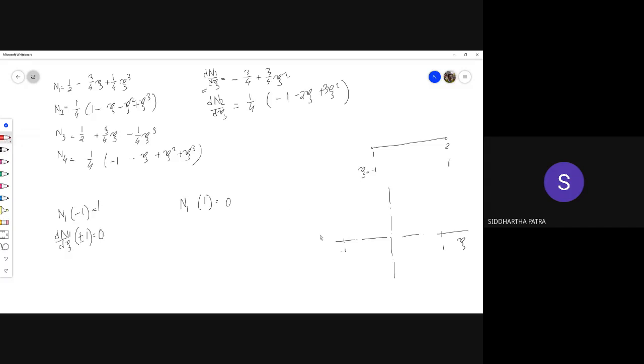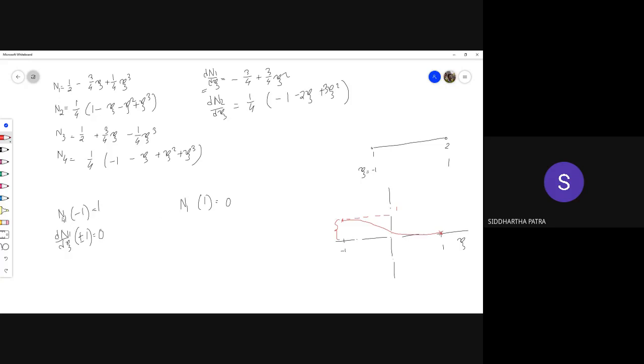Which means this is how the shape function looks like. Let's say this value is 1. The slope here is 0, and the slope at the other end is 0. The value at the other end is 0, and the value at this left end is 1.